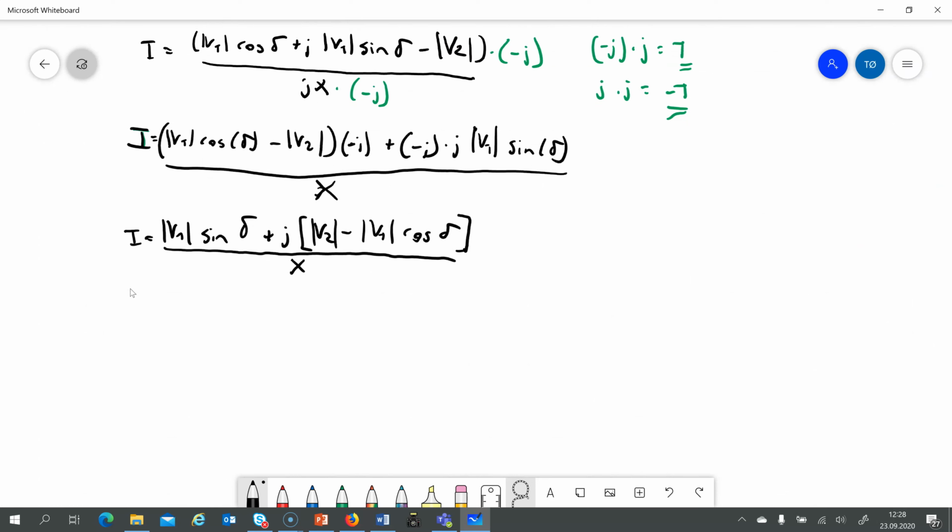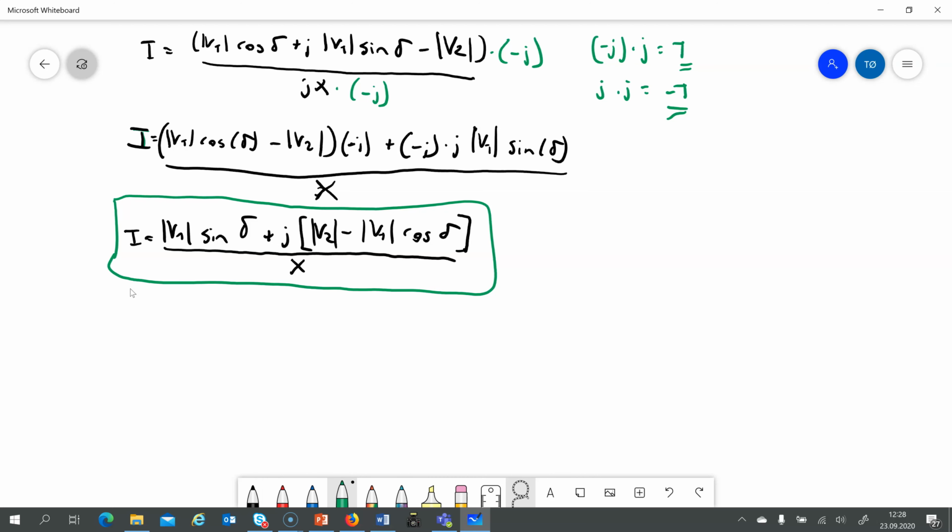Then we have an expression for the current here, like this. And then we know that S1 equals V1 times the current complex conjugated, and S2 equals V2 times the current complex conjugated.